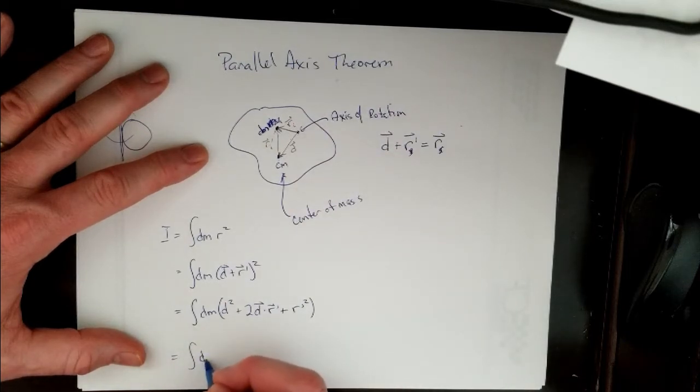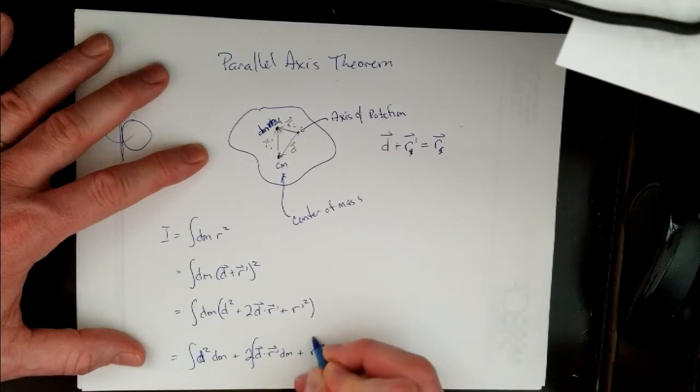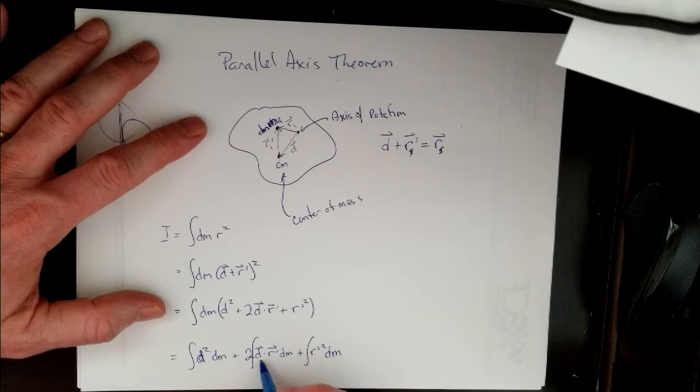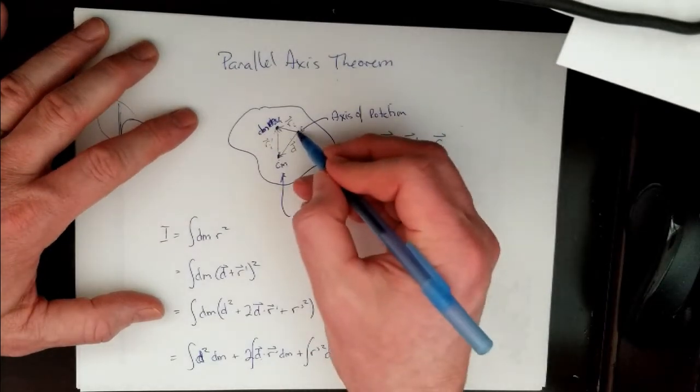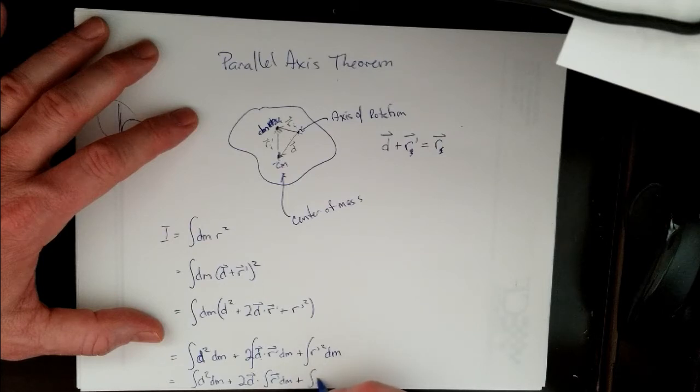Which is the integral of d squared dm plus the integral of 2d dot r prime dm plus the integral of r prime squared dm. d is a constant because those are two fixed places here.